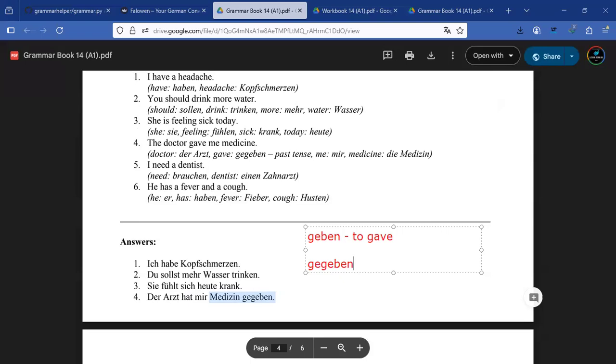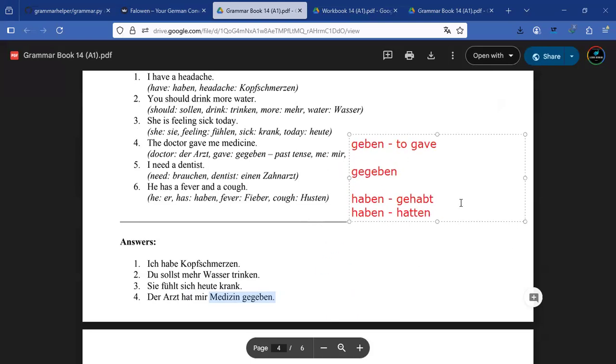The past tense of haben itself, yes, the perfect is going to be gehabt. Präteritum is going to be hatte, which we will learn more about when we reach A2. So if I want to use the perfect to say that I had a car, it's going to be ich habe ein Auto gehabt.